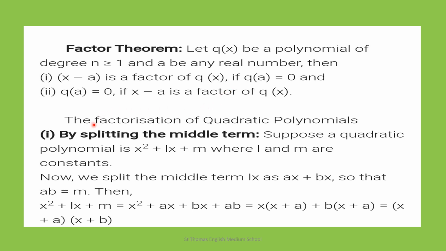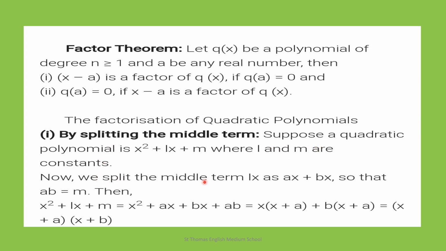Then we will move to the factorization of quadratic polynomials. One of the methods is by splitting the middle term, or you can use the identities that you have learned in 8th standard. So how are you going to split the middle term? Suppose a quadratic polynomial is x square plus lx plus m, where l and m are constants.